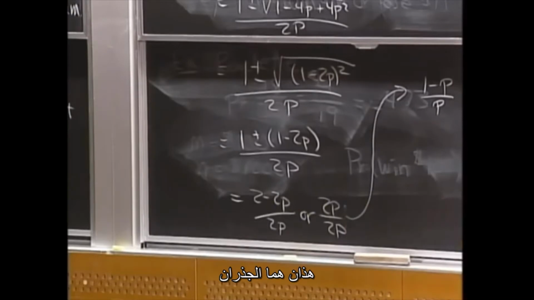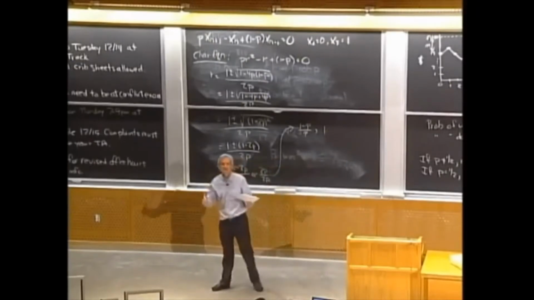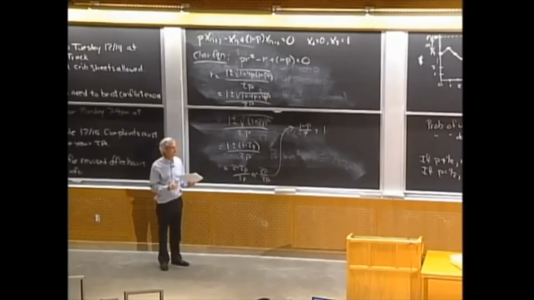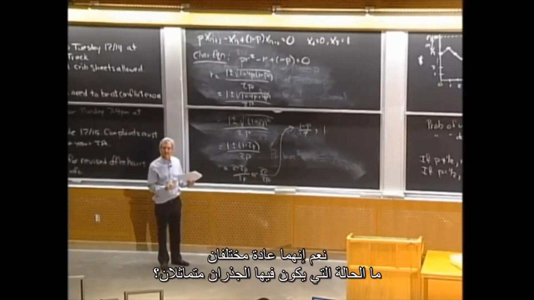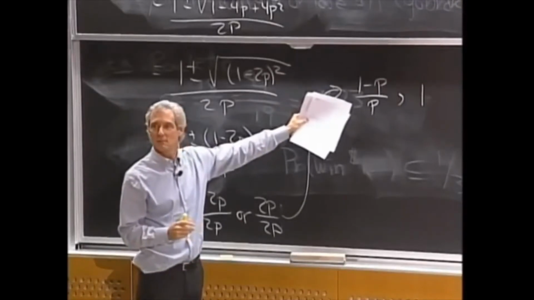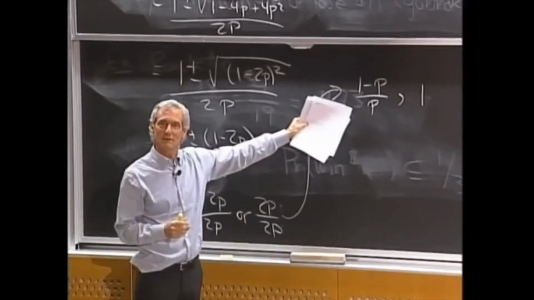Those are the roots. Okay. Are these roots different? Do I have the case of a double root, or are the roots always different? Yeah, they're usually different. What's the case where these roots are the same? 0.5, which is sort of an interesting case in this game, right?